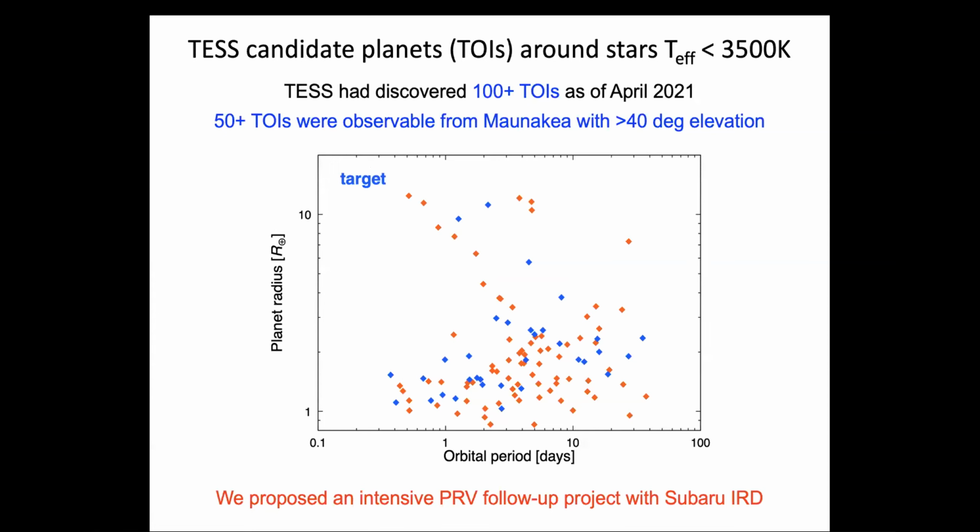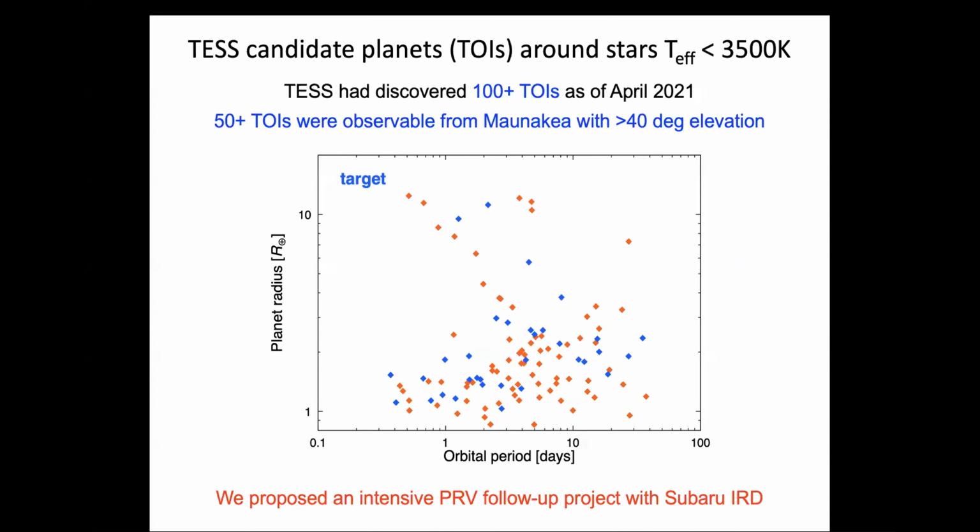And as you know, TESS has discovered more than 100 TOIs in a few years, and about 50 TOIs are observable from Mauna Kea. So we proposed an intensive RV follow-up project with SPIRou IRD, and we were awarded about 50 nights of SPIRou time until this semester.